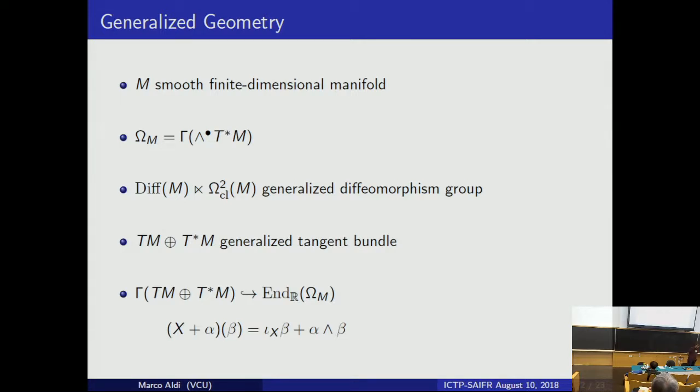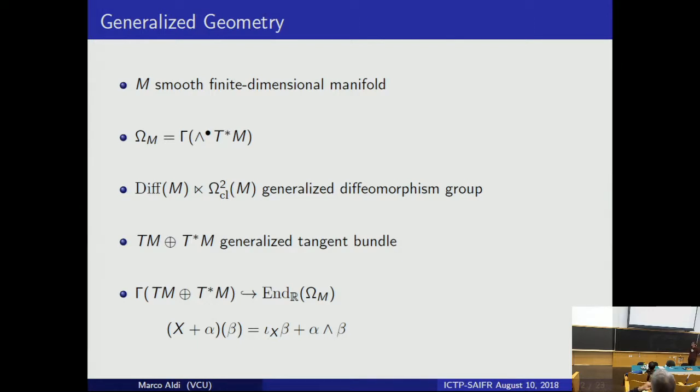So if I have a generalized vector x plus alpha, x is a vector, alpha is a form, I'm going to let it act on a form beta by contracting the vector with the form and taking the exterior product of alpha with the form beta.